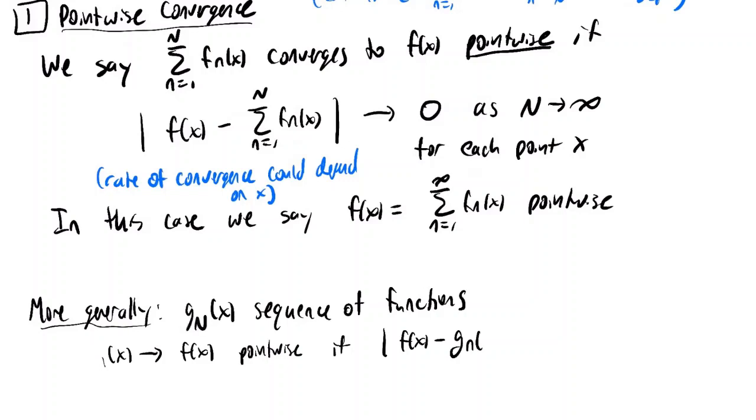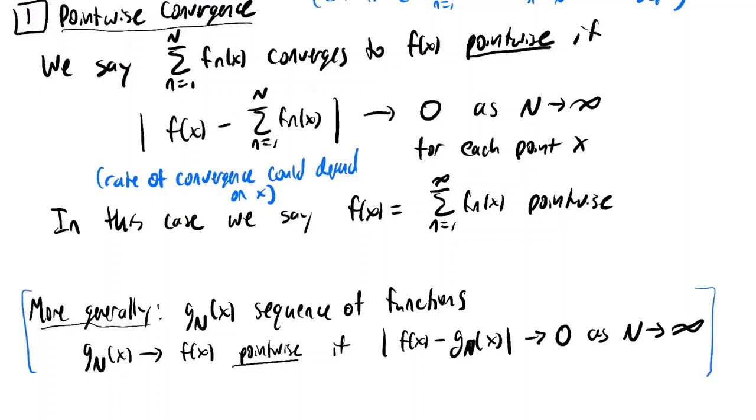So g capital N. Right, we say this sequence of functions converges to f pointwise if I look at the difference of f and g, that this converges to 0 as n goes to infinity. Okay. So I'm just using the same definition from up here, but I'm replacing the special case where I have an infinite series by some other function g, and it's the same definition. Okay, and so this is the notion of pointwise convergence.